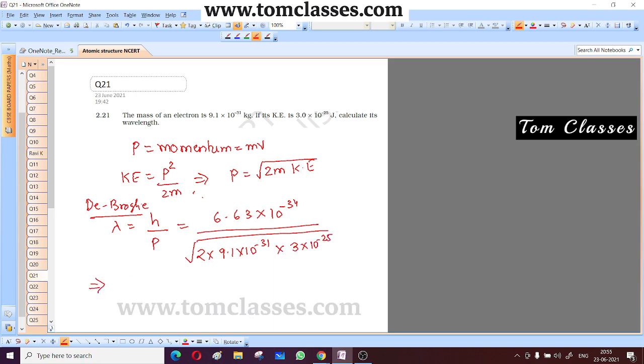So what is the wavelength? Can you calculate this for me and tell me what will be the wavelength of this electron? Yes, I'm doing it.